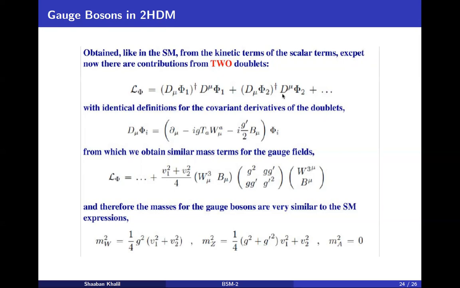So when we get the vacuum expectation values, as I told you, you will get a linear combination of v1 squared, v2 squared. In fact, you can have now M_W defined this way, M_Z defined in that way, and the photon will remain massless, exactly like in the standard model. This will not be touched.